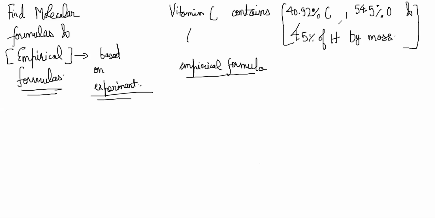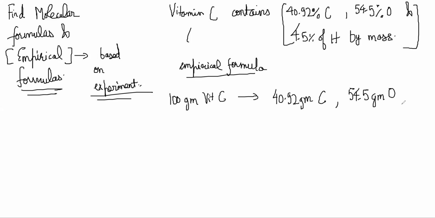Okay. So the way we do it is, let's try to figure out. So we basically do unitary method. Okay, so if you have 100 grams of vitamin C, right, how many grams are carbon? 40.92 grams, 54.5 grams of oxygen and 4.5 grams of hydrogen, right?